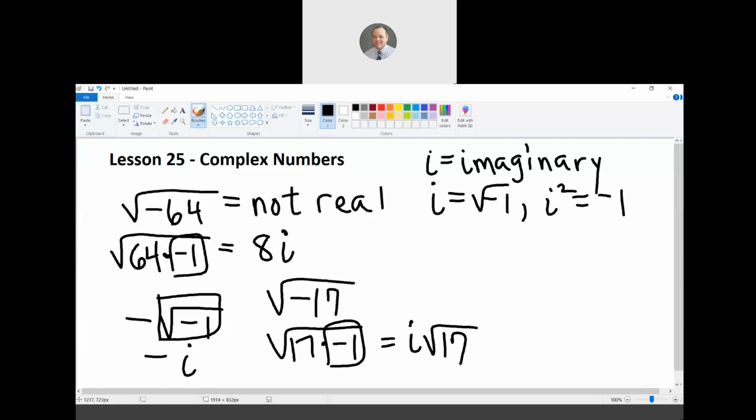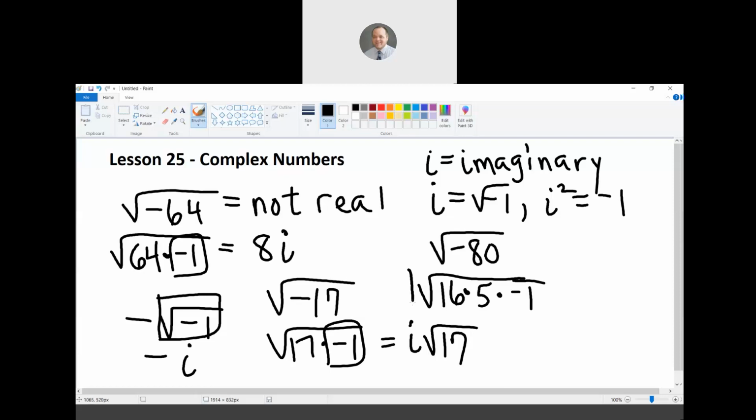Let's look at another problem. Let's say square root of negative 80. And we need to write this as a product of a real number and i. 80 is not a perfect square, but one of its factors is. So we can break 80 down as 16 times 5 times negative 1.